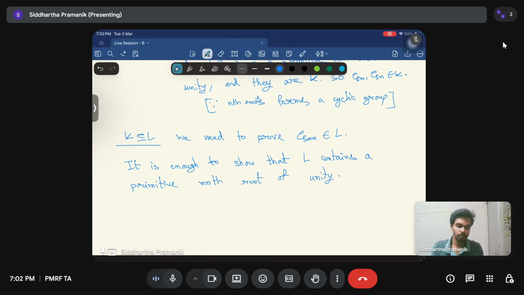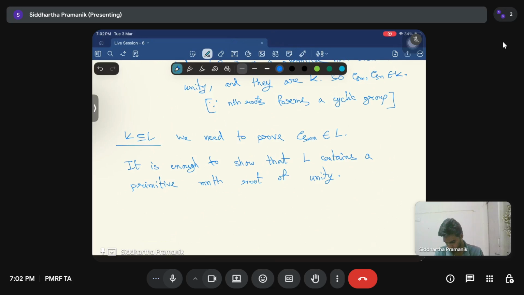Right? Because if it contains a primitive nth root, then it will contain all mnth roots. In particular, it will contain zeta m. So how to prove it contains a primitive mnth root?